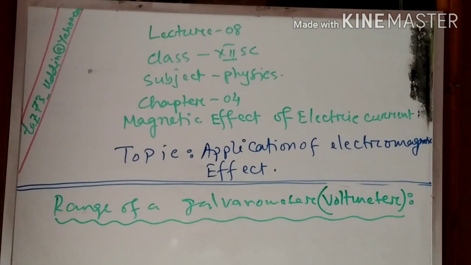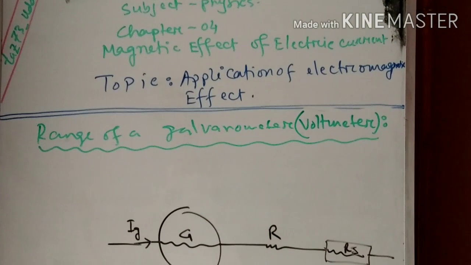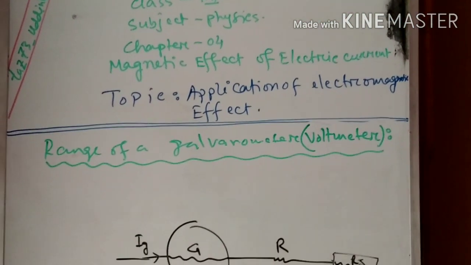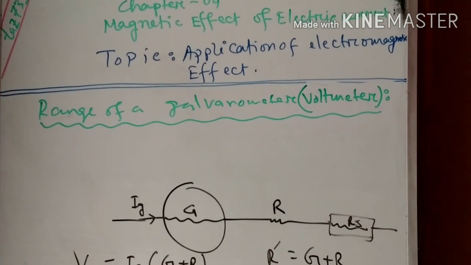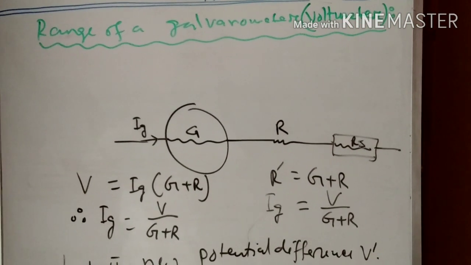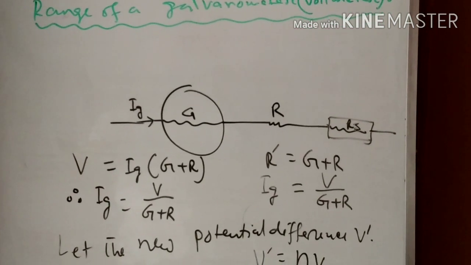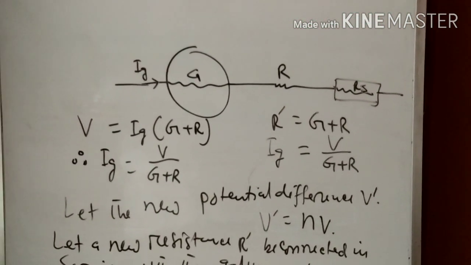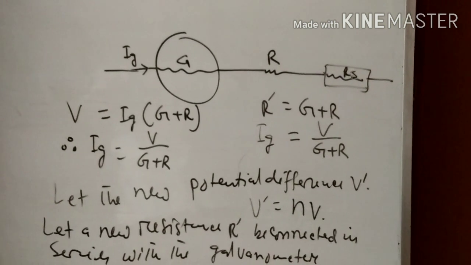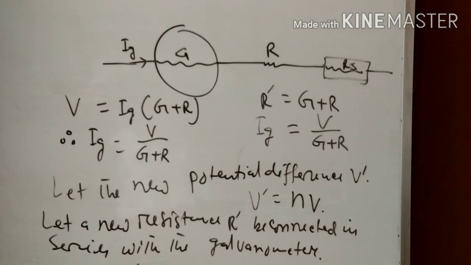I think you got all the points that I discussed. First I discussed how to change the range of an ammeter, and now I discussed how we can change the range of a voltmeter. Its actual range is V, but we want a new range V prime equals nV, where n is the multiplier.